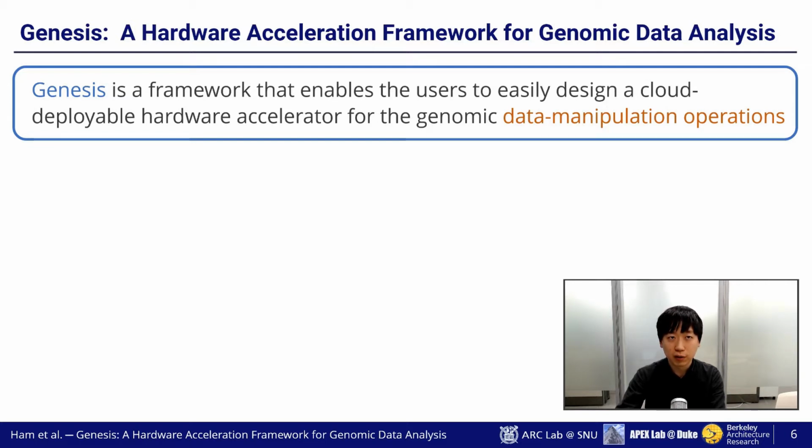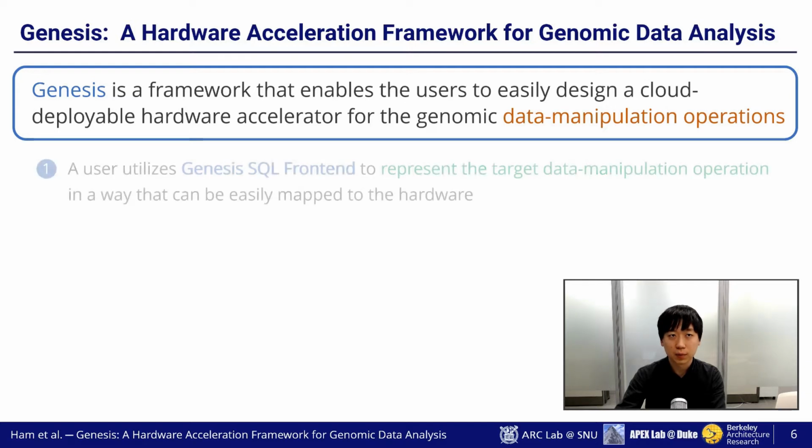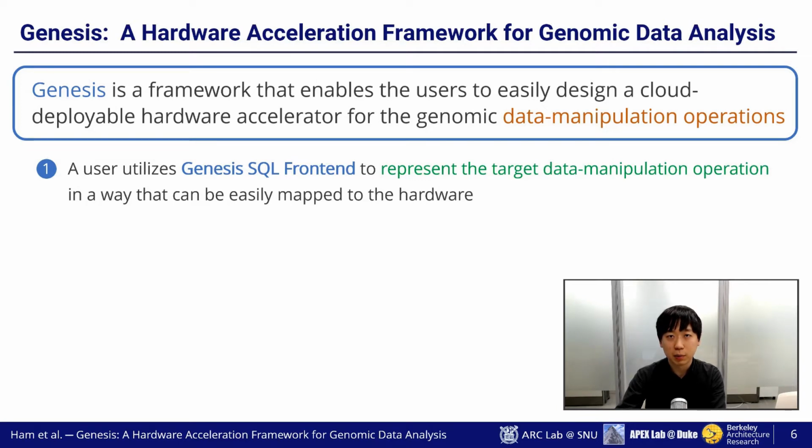Unlike monolithic accelerators targeting complex algorithms, such as Darwin or GenAx, Genesis provides a way to design accelerators for data manipulation operations in a composable way by leveraging the fact that such data manipulation operations are often a sequence of common primitive operations. With our framework, a user first utilizes the Genesis SQL frontend to represent the target data manipulation operations in a way that can be easily mapped to the hardware.